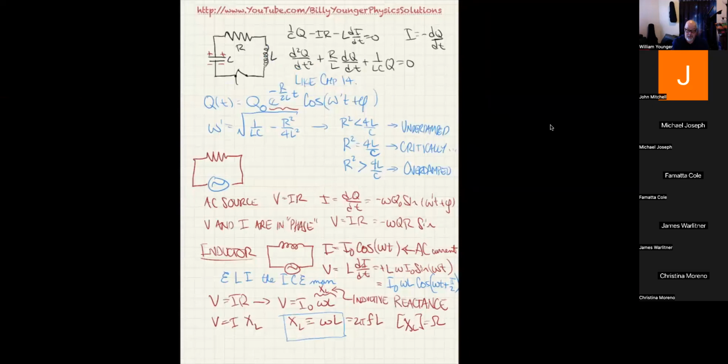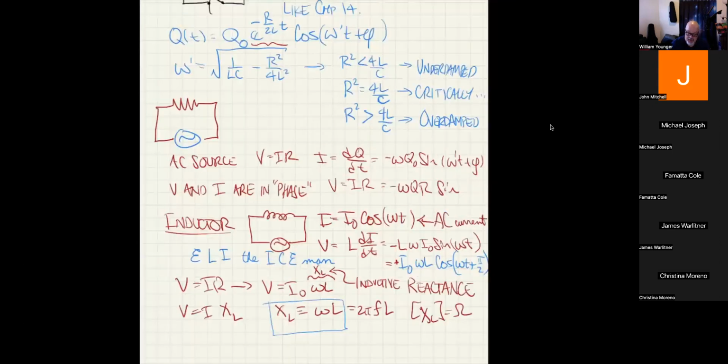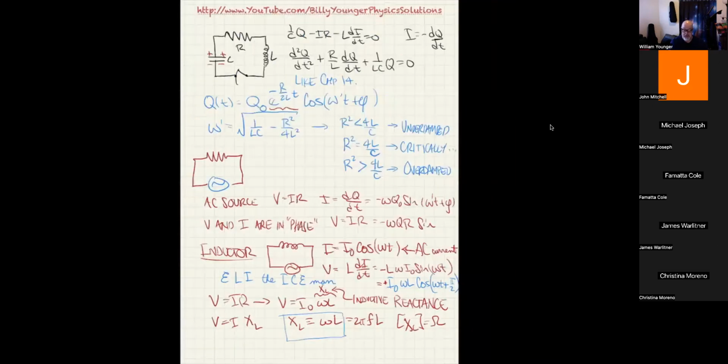We don't have to lose charge on the capacitor for it. So that part right there becomes a negative again. And that becomes a positive, because the identity that we use to get from sine of omega t to cosine of omega t plus pi over 2 required that actual negative. So that's how we found that.